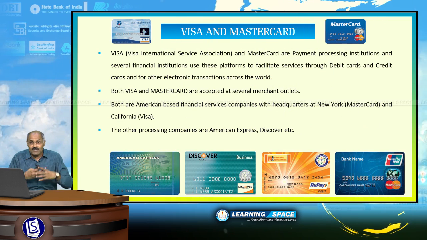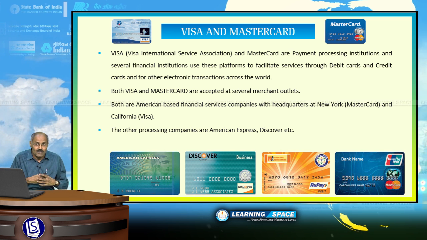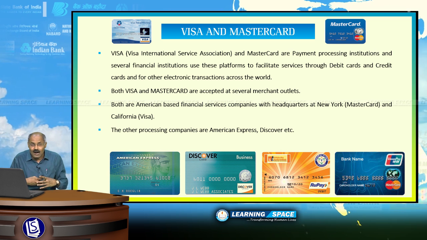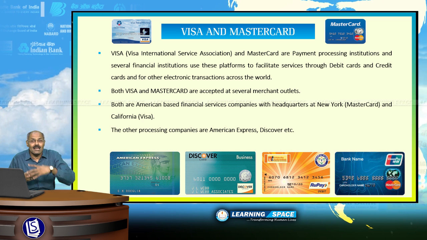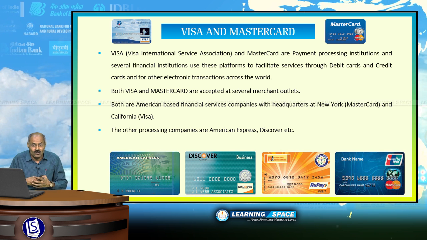Right friends, look at this Visa and MasterCard. All of you are well aware of the Visa and MasterCard platforms. For the past several years, we are seeing Visa and MasterCard only, but recently another platform of India, that is the RuPay platform, was devised, right.